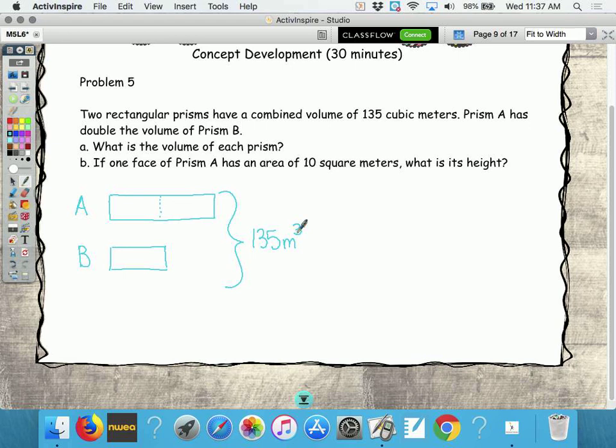And I gave you a hint about this. I said, if you're given the total volume, you're probably going to need to do the opposite of multiplication. Divide. So that's what we know right now. We know that we are going to use 135 meters cubed. We're going to divide. Talk with your table group about what the division problem is. And don't say it too loud.